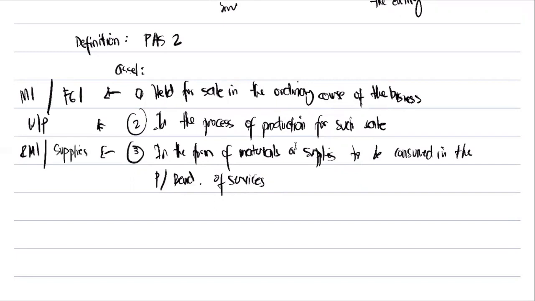So this particular definition is not really an exclusive definition, unlike other types of assets, in which an exclusive definition was given that provides the different characteristics of that asset. However, in the definition of PAS 2, what we have here is an enumeration of the different types of inventories.